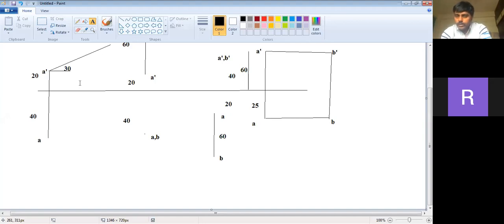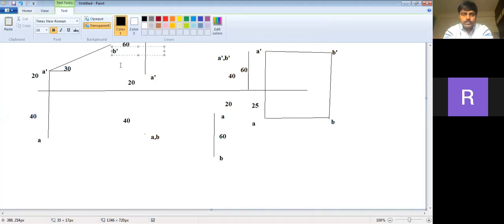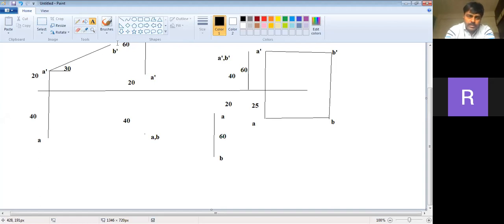Now I need to mark the B dash point. How to mark the B dash point? They are saying this is 80 mm length. From A dash, take your compass and mark 80 mm here. So I'm going to get the B dash point. How much distance is it? They are saying 80 mm.